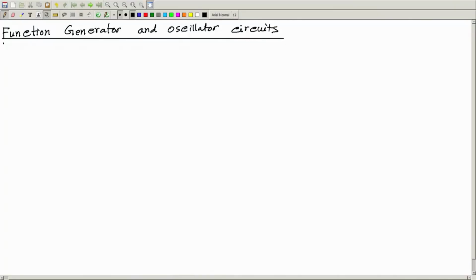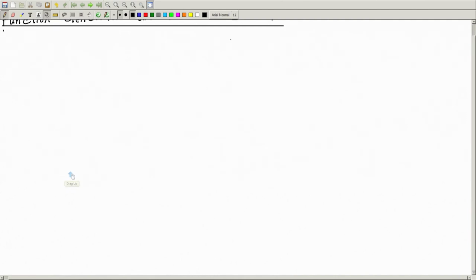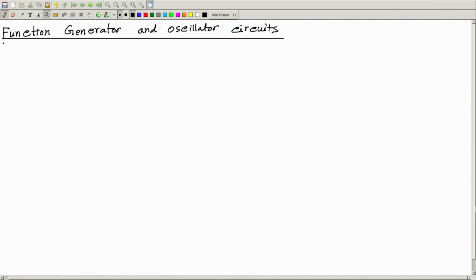This week we are going to start a new topic, a new chapter in electronic instruments, and this is on function generator and oscillator circuits.